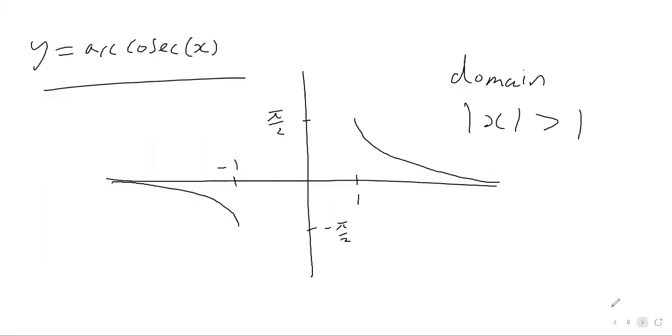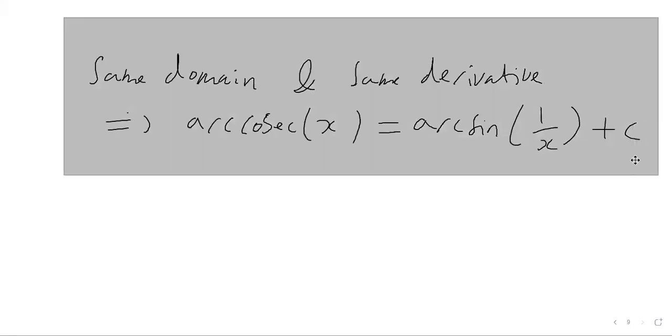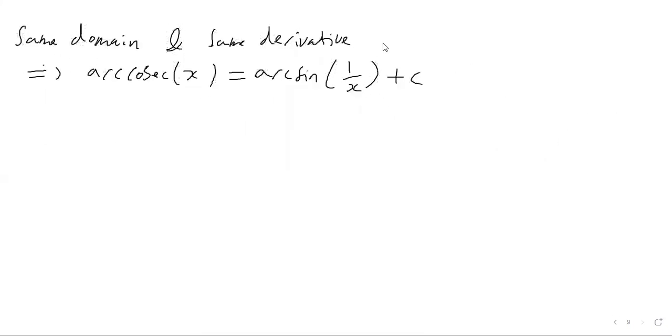Okay, so let's find out what this constant is. Well, it's actually going to be 0, but let's try and prove that. So if we make this a little bit smaller again and move that up there. To find out whether indeed these two functions are the same, what we can do is just let y be equal to arc cosec of x.